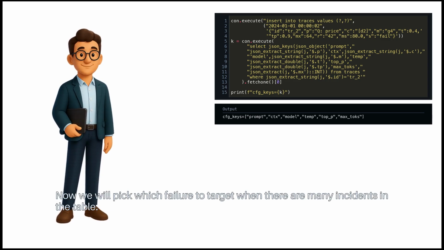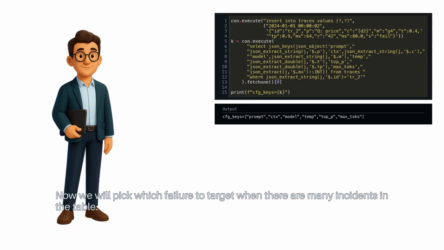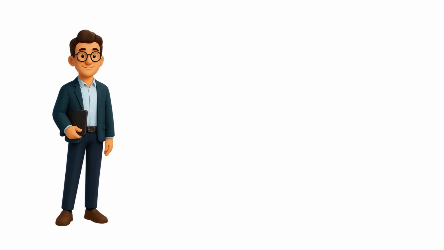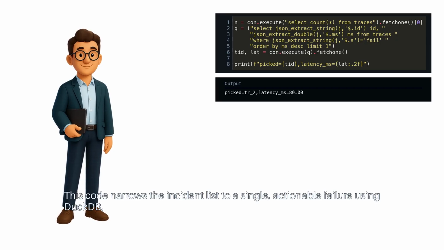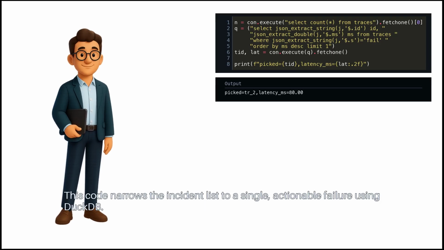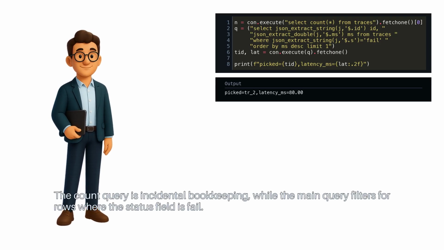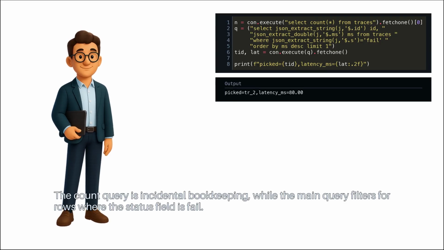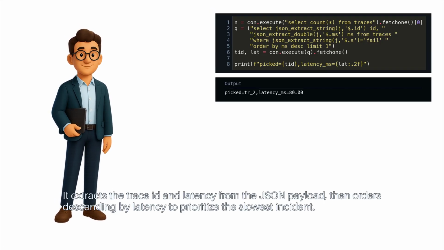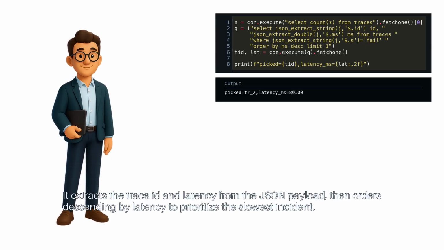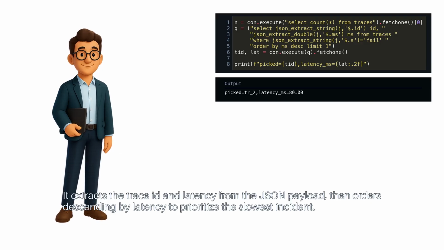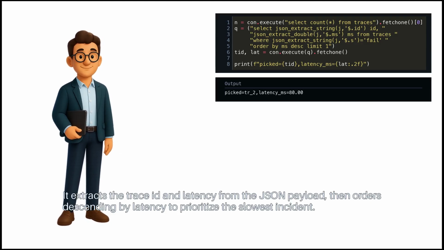Now we will pick which failure to target when there are many incidents in the table. This code narrows the incident list to a single actionable failure using DuckDB. The count query is incidental bookkeeping, while the main query filters for rows where the status field is fail. It extracts the trace ID and latency from the JSON payload, then orders descending by latency to prioritize the slowest incident.